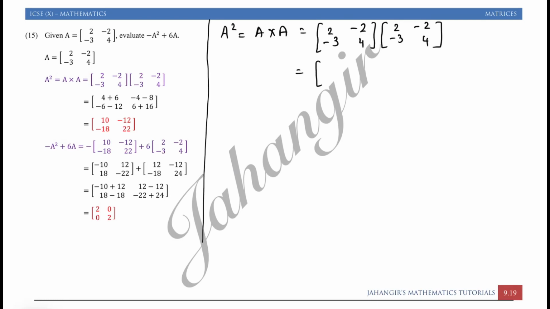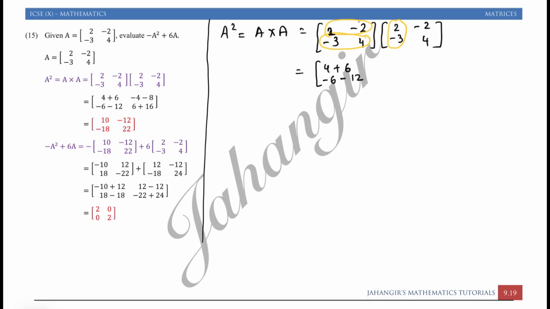So multiplying this, first row, first column, then second row, first column. So here I can write 2 into 2 is 4, minus 2 into minus 3 is plus 6, minus 3 into plus 2 is minus 6, 4 3s are minus 12.